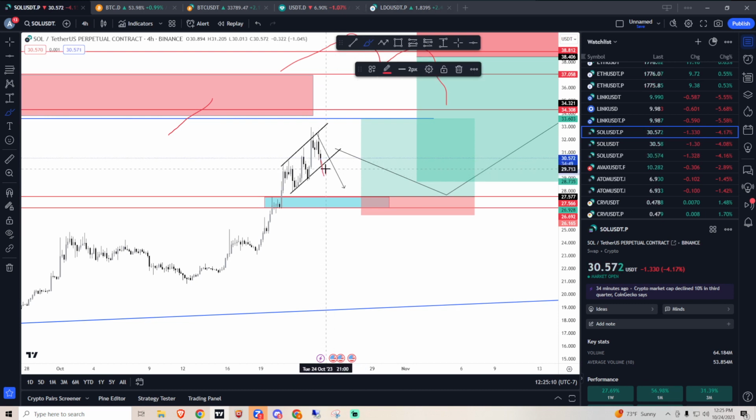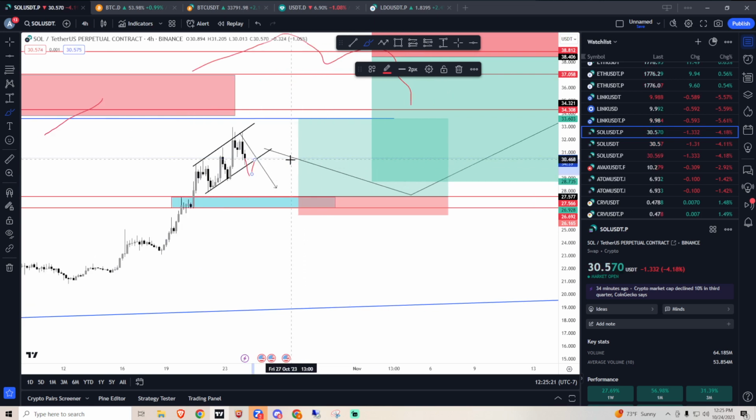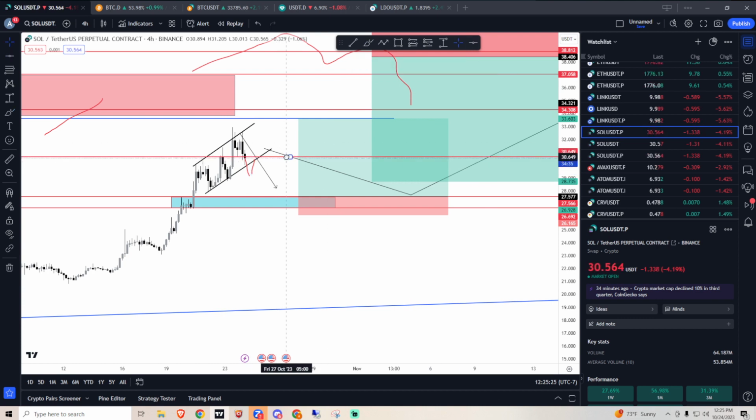Next candle, or however many candles, go up and retest the trend line, close below. That is a rejection from it, and then you'd short. But you need confluence. Like for example, if this is going to be resistance here, break down, retest of this resistance and trend line, and then died.